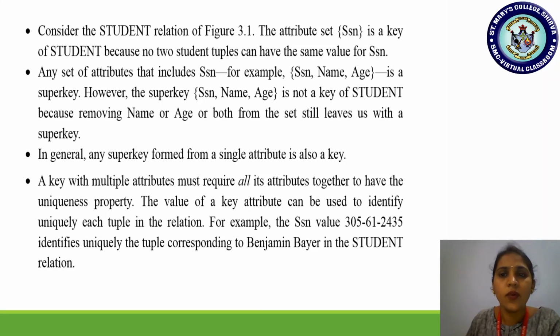Okay, so however, any set of attributes that includes SSN is a super key. Whichever combination of attributes you choose, if SSN is included, then of course it becomes a super key. So a super key will not be a key of a student.